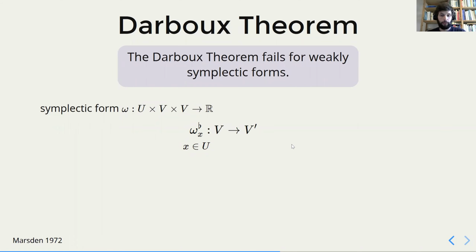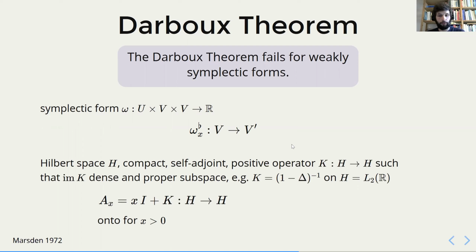But there's a pretty simple example where you can construct families of points where the image jumps around. One particular construction that was given by Marsden is the following: you consider a Hilbert space and some compact, self-adjoint, and positive operator K that acts on the Hilbert space, and you require that the image of K is dense and a proper subspace.